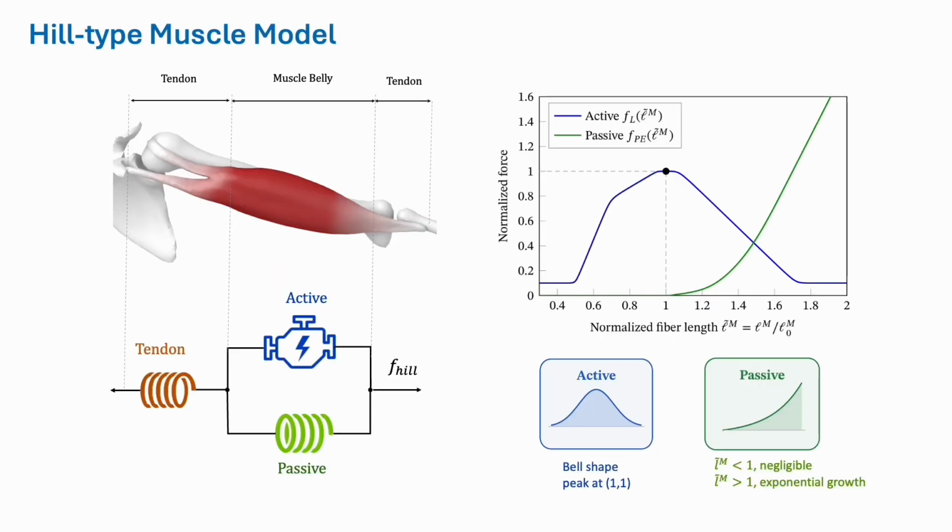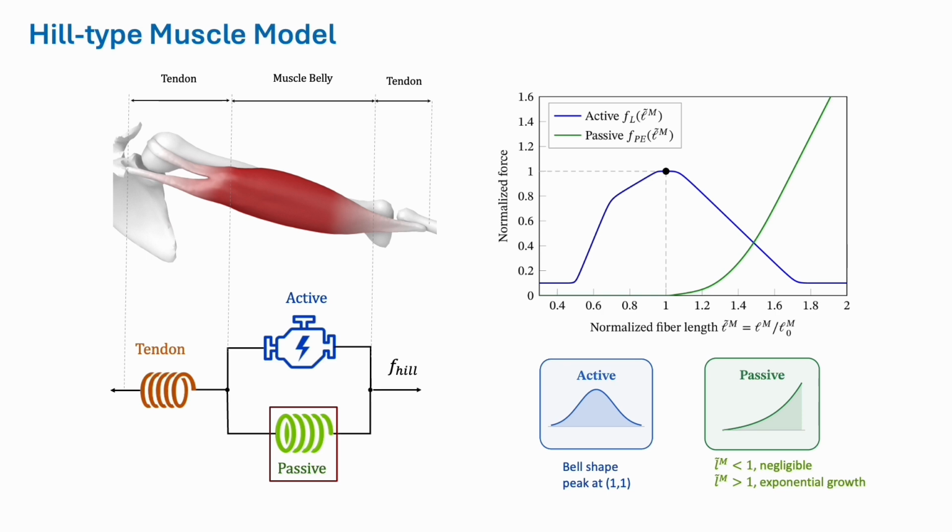Each muscle follows the standard Hill-type model: a tendon spring in series with a muscle belly, and the belly holds two elements in parallel. The active element is the contractile machinery, the actin-myosin cross-bridges. Its force length curve is a bell shape peaking at the optimal fiber length, where filament overlap is greatest, and only this term is scaled by the activation.